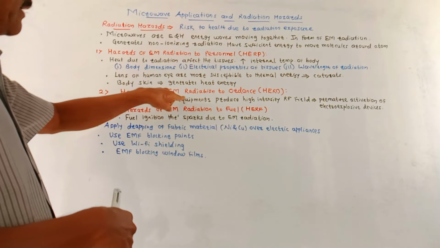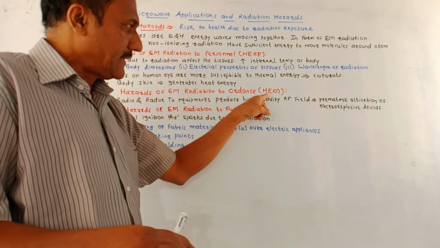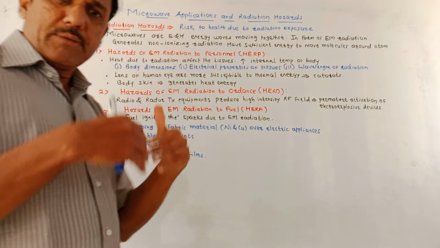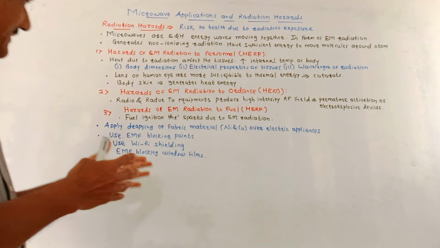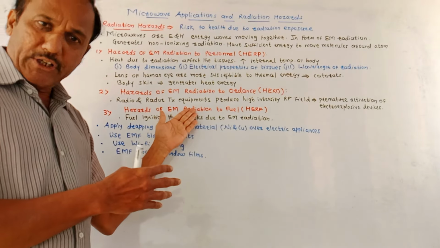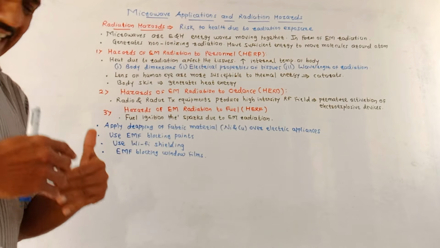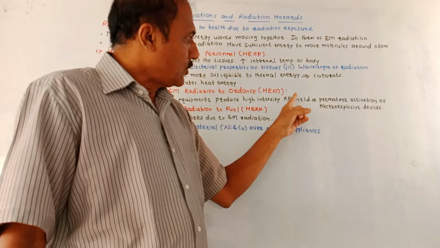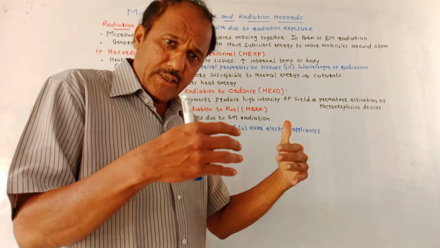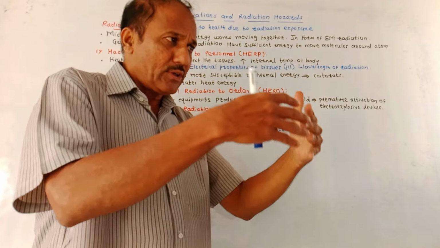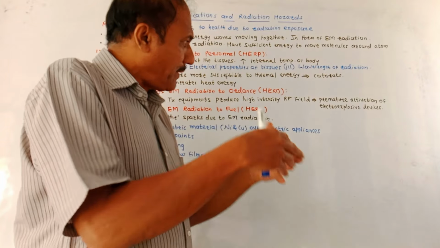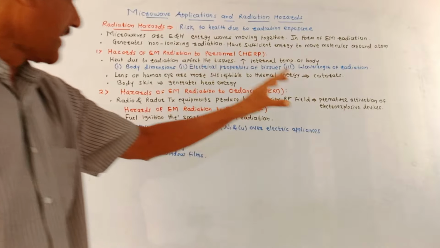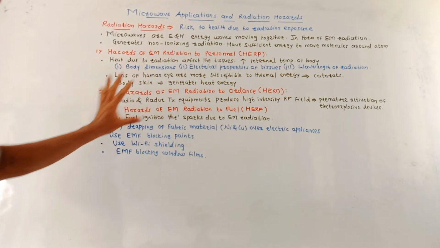Next, hazards of EM radiation to ordnance, that is HERO. Nowadays we are using modern radio equipment, as well as radar transmitter equipment, which produces a high intensity RF field, radio frequency field. So it may cause premature activation, before the decided time period, of electro-explosive devices as far as the ordnance system is concerned.